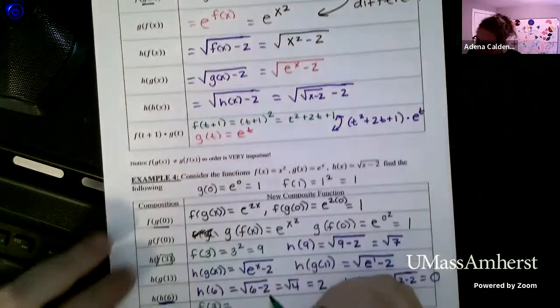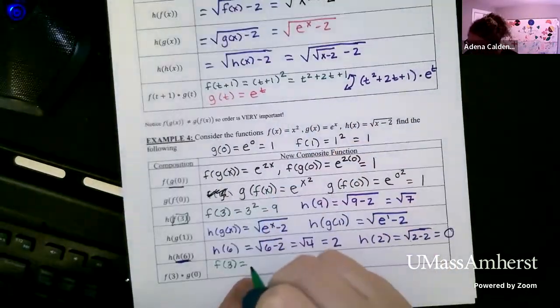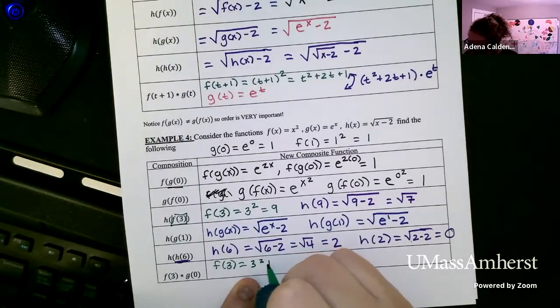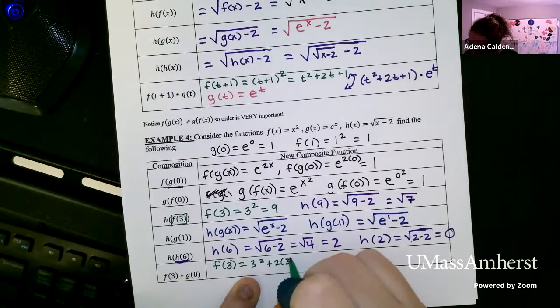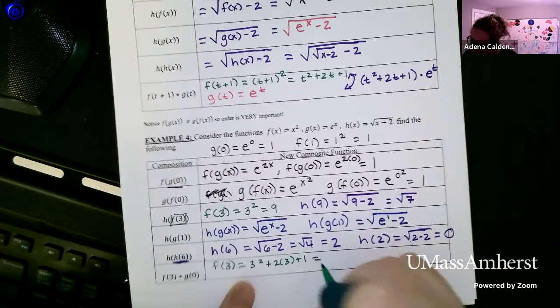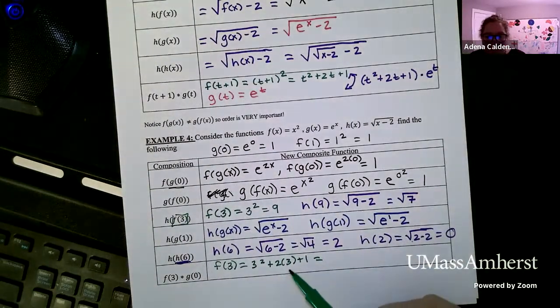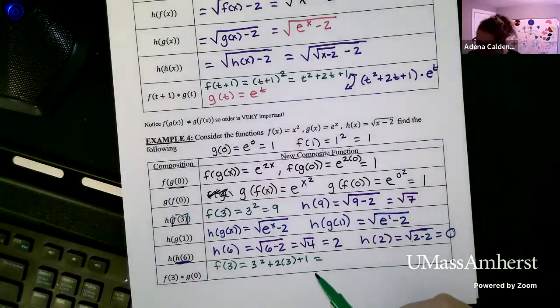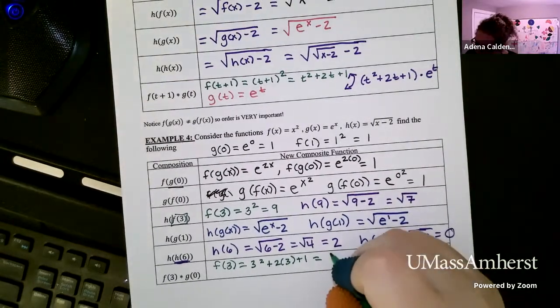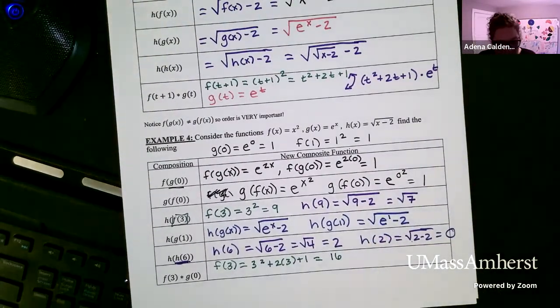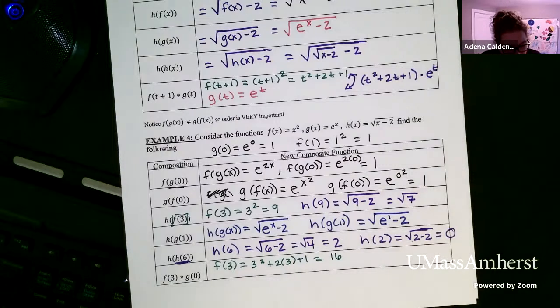Either is fine. But when we plug in a 3, we're going to have 3 squared plus 2 times 3 plus 1, right? 3 squared is 9. 2 times 3 is 6 plus 1. So that's going to give us 16. Okay.